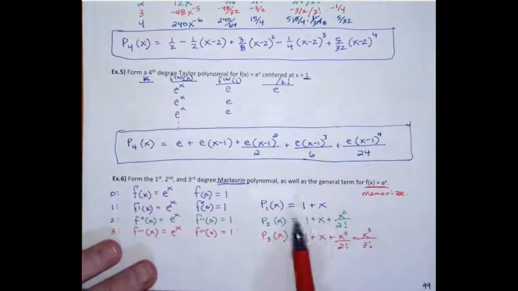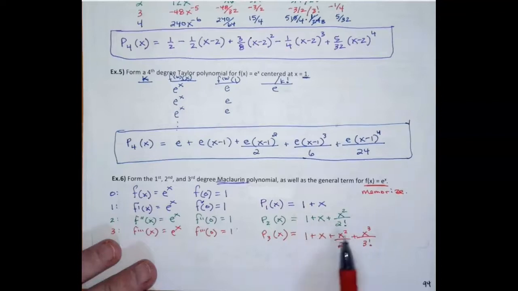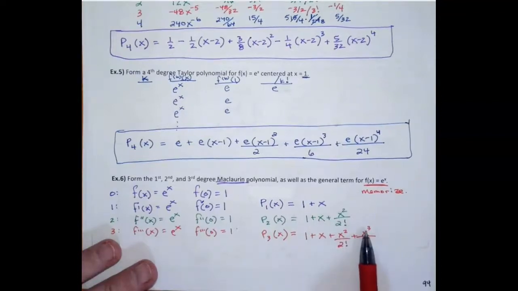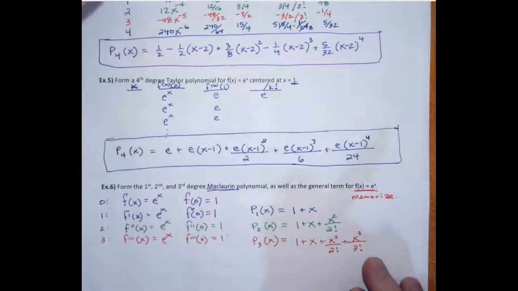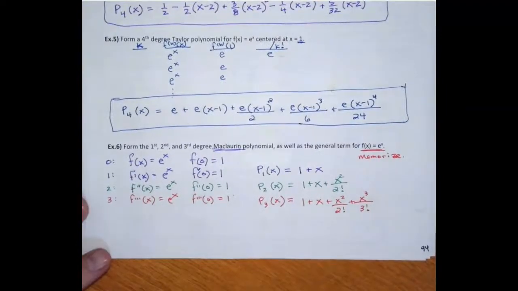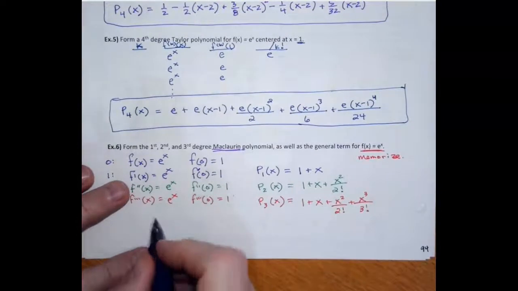So remember the polynomial for e to the x, it's just all the terms. You just start with 1, it's 1x, x squared over 2 factorial, x cubed over 3 factorial, x to the 4th over 4 factorial. So e is all the terms in order. It's pretty straightforward. Okay. So the general, we're almost done.